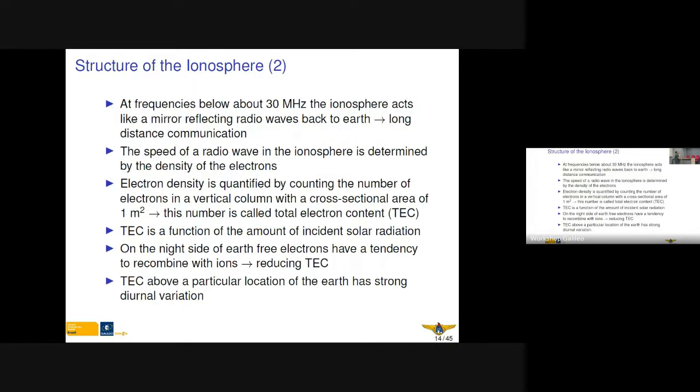At frequencies below about 30 megahertz, the ionosphere acts like a mirror reflecting radio waves back to Earth. And this is used in some applications for long distance communication, because when you choose a frequency below 30 megahertz, you can quasi communicate around the world.